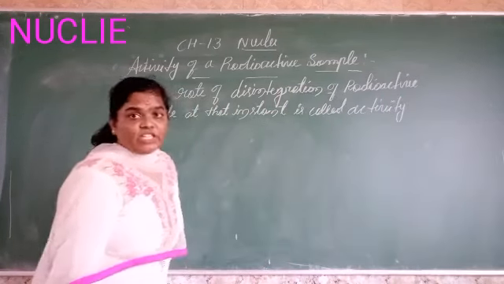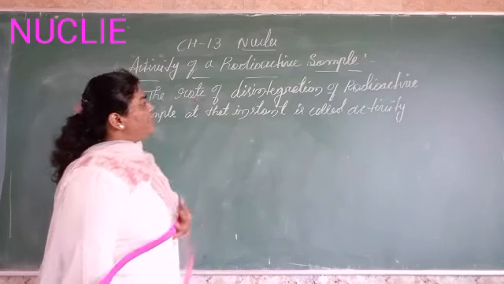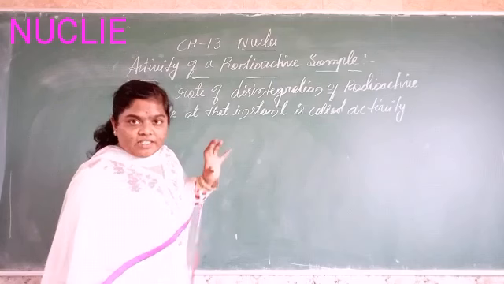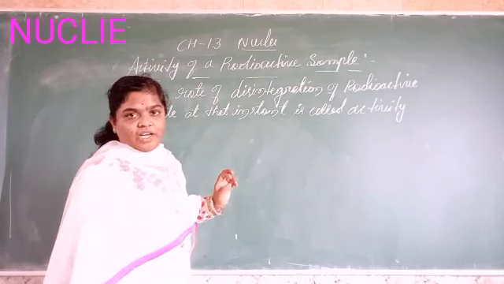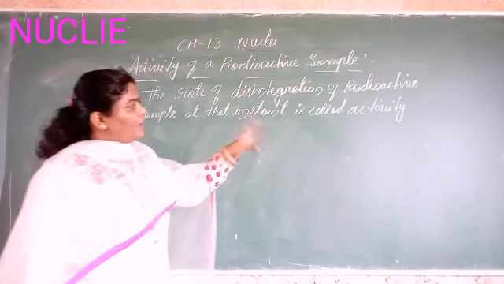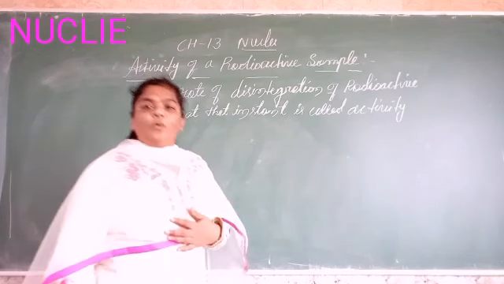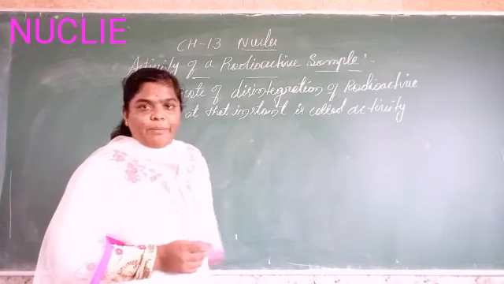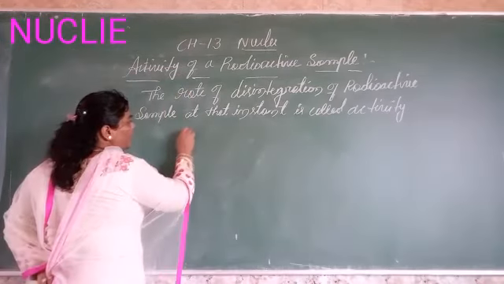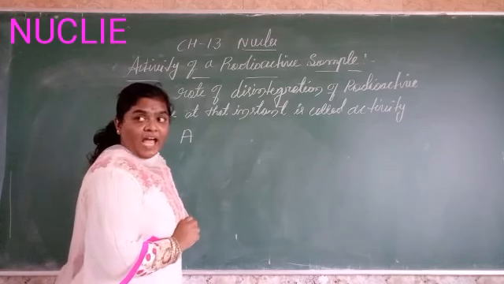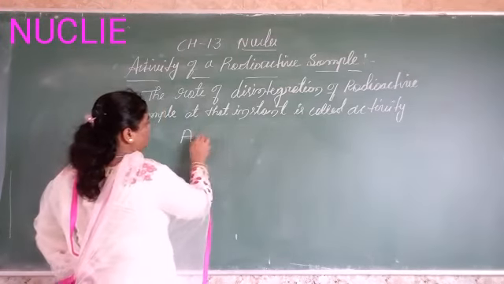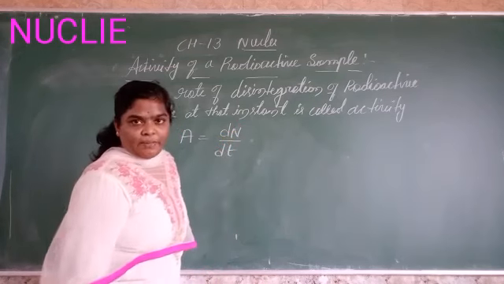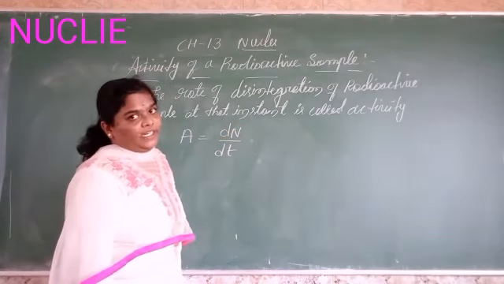The activity of the radioactive sample is represented by A, which is equal to the rate of disintegration of the radioactive sample, that is dN by dt.